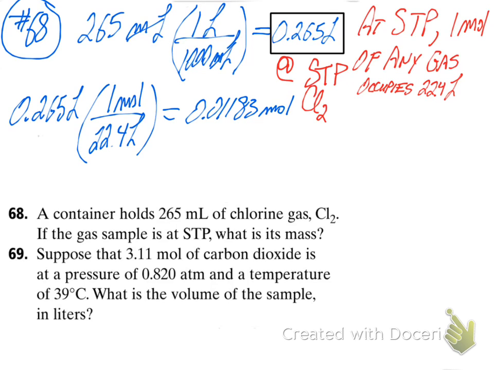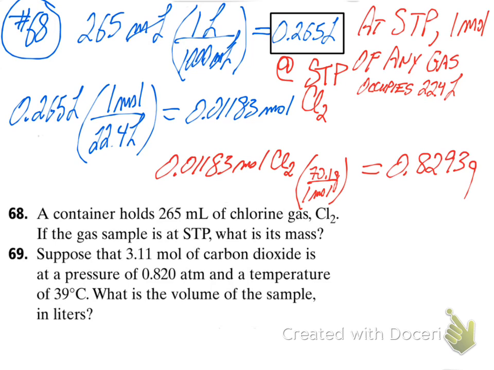I take the number of moles, which I found, 0.01183, and multiply it by the factor that cancels out moles and leaves me with grams. The periodic table tells me that 1 mole of chlorine gas, Cl2, has a mass of 70.1 grams.